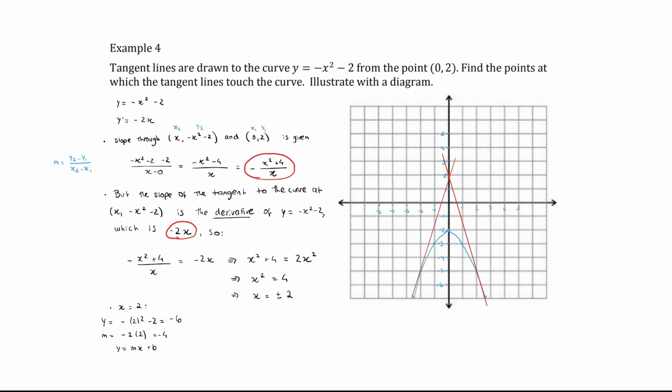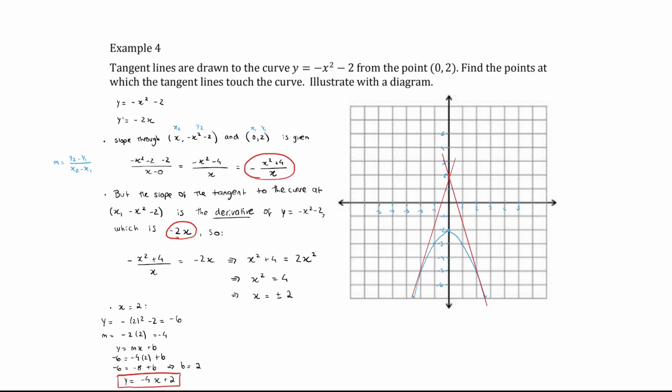So putting all of this into y is equal to mx plus b, we are going to have negative 6 is equal to negative 4 times 2 plus b, or negative 6 is equal to negative 8 plus b, which then gives us b is equal to 2. And putting it all together, y is equal to negative 4x plus 2, which is one of the equations to the tangent line.